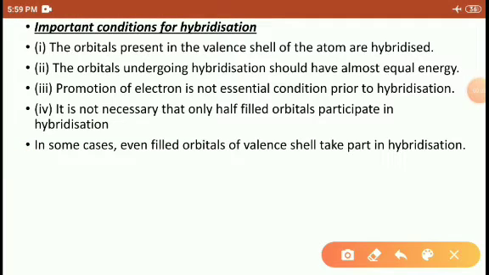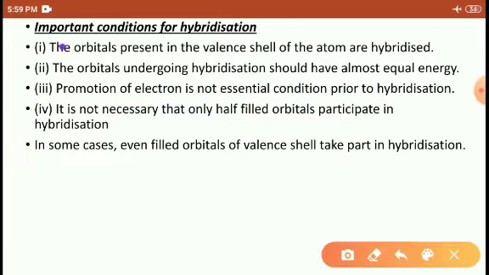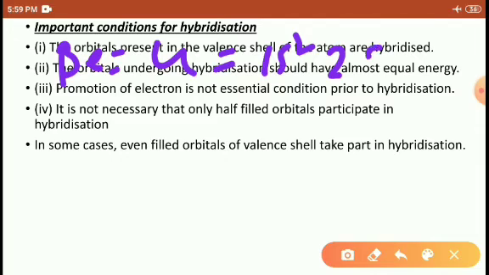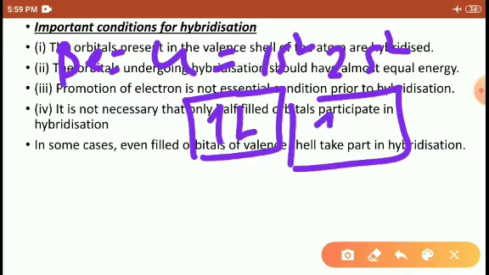So it is not necessary that only half-filled orbitals participate. Sometimes, look here at beryllium, atomic number 4, 1s2, 2s2 orbitals. The 1s2 electrons are paired, the 2s2 electrons are also paired. So why can it participate? Because these s orbital electrons are less stable due to electron repulsion.